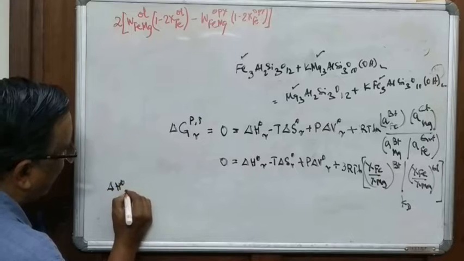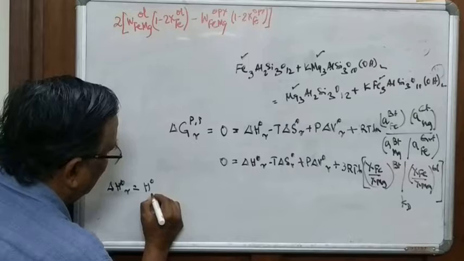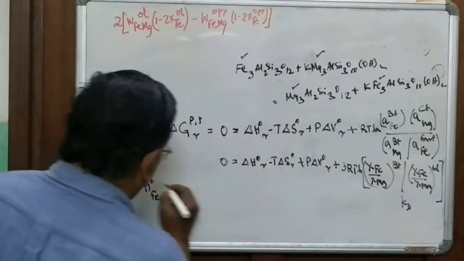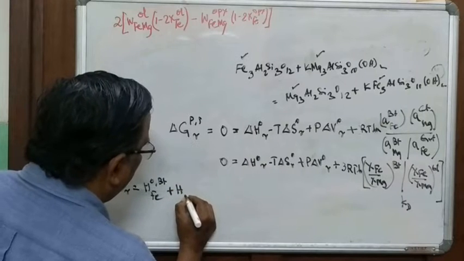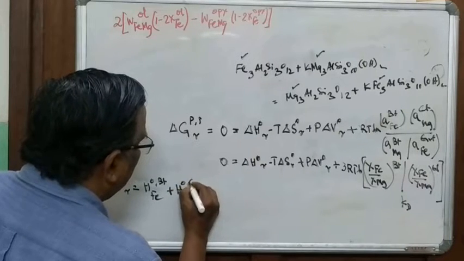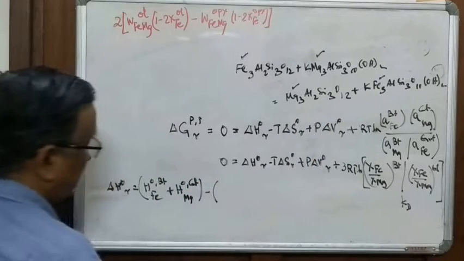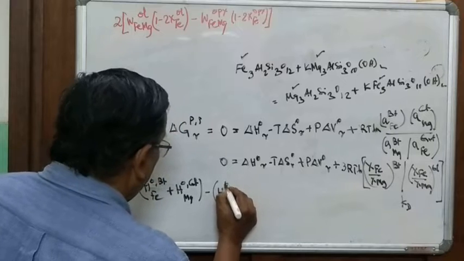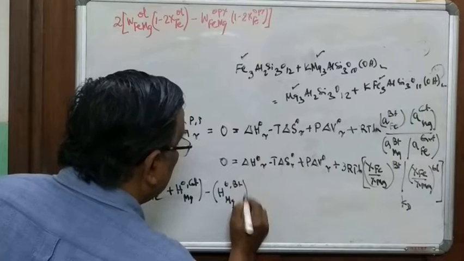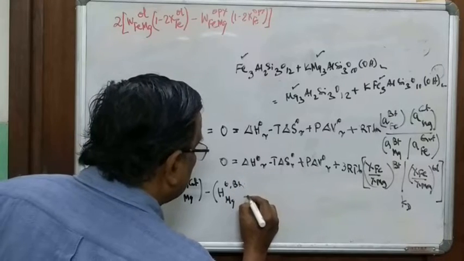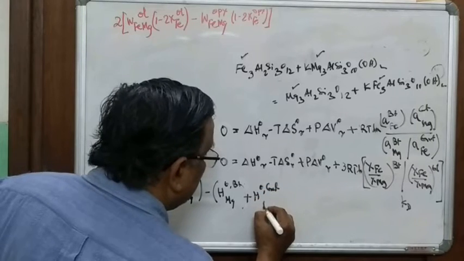Delta H0R is equal to H0 Fe biotite plus H0 Mg garnet, the products, minus H0 Mg biotite plus H0 garnet, and this is Fe.